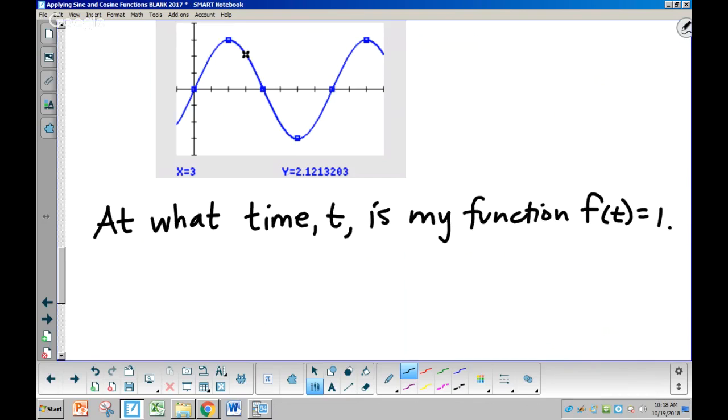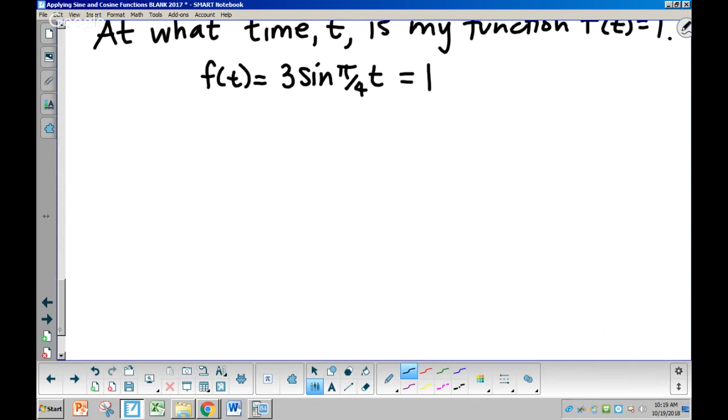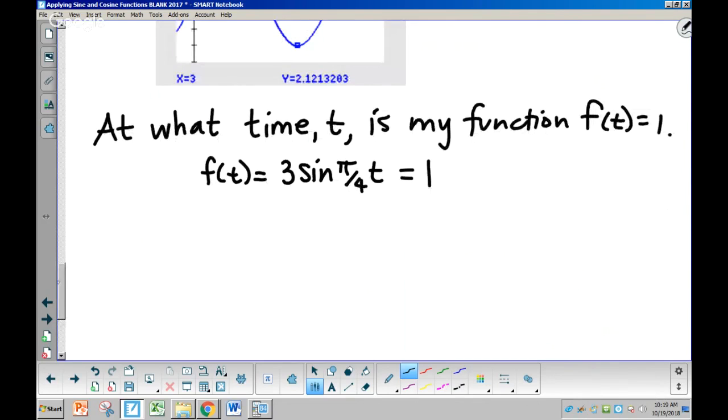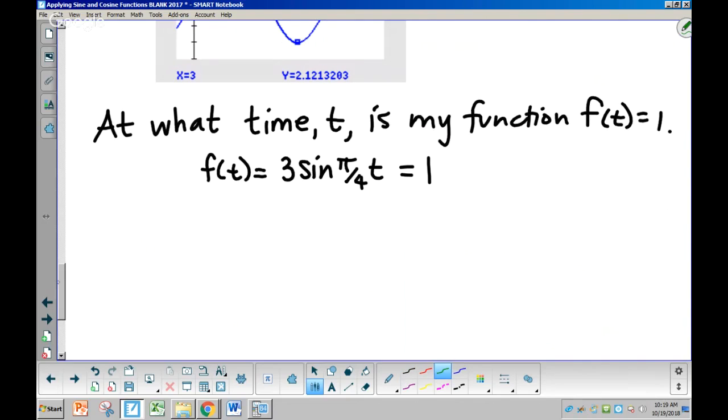If I were to put that in my formula, it would be f of t, and we're going to use the first one, 3 sine of pi over 4 times t. When does this equal 1? Okay, so if I'm going to do this on my calculator, I'm going to put this in y1, which I have already, and this in y2, and find the intersection point.